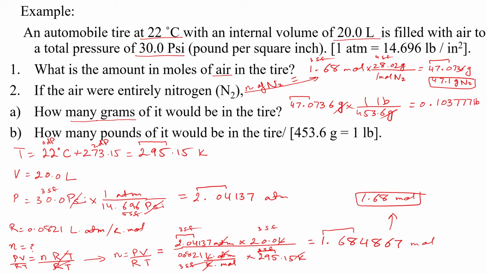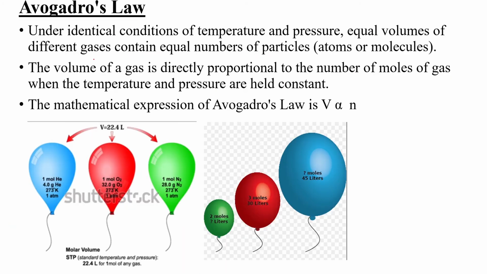Okay, you will be doing the rounding to the proper number of sig figs. So here we have 3 sig fig and here we have 4 sig figs. So your rounding will be up to 3 sig fig and your answer is going to be 0.104 pounds of nitrogen.